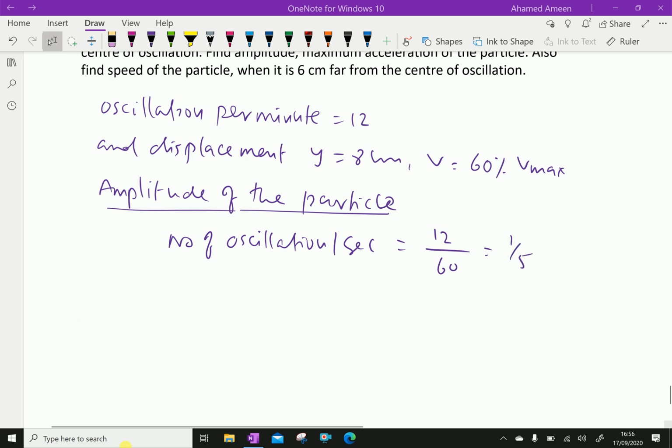Therefore, the time period of oscillation T equals 1 over 1 by 5, which equals 5 seconds.